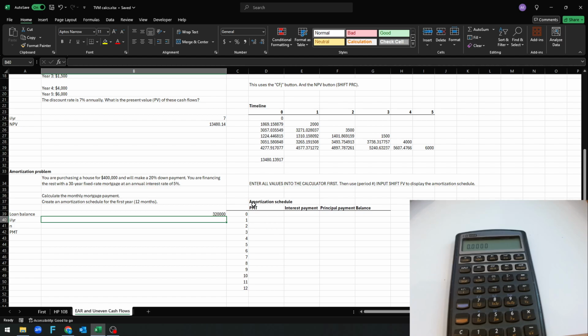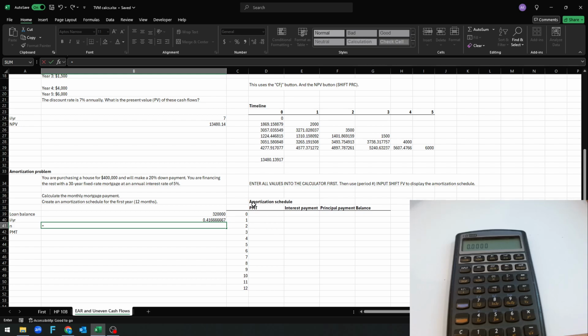Okay. I per year, since we're doing monthly calculations, this needs to be divided by 12. So I per year is actually going to be this 4.16. N, it's 30 years, 12 months per year.